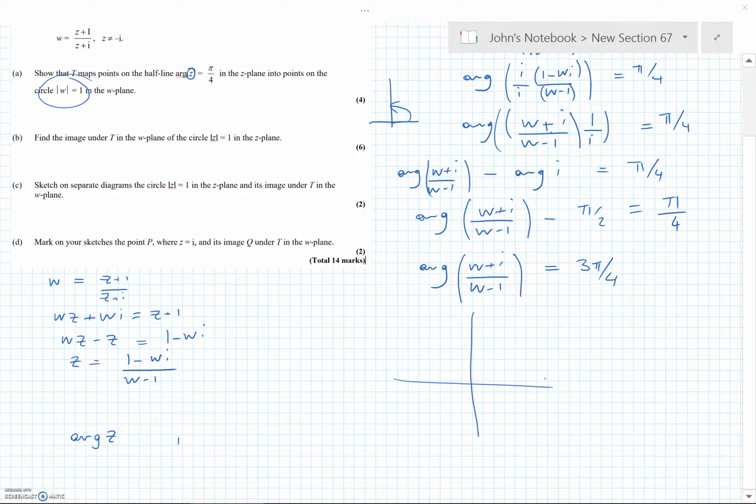If we were to now sketch this, it's going anticlockwise from top to bottom, so it's going anticlockwise from minus i anticlockwise to plus 1, right? With this angle here being 3 pi by 4.